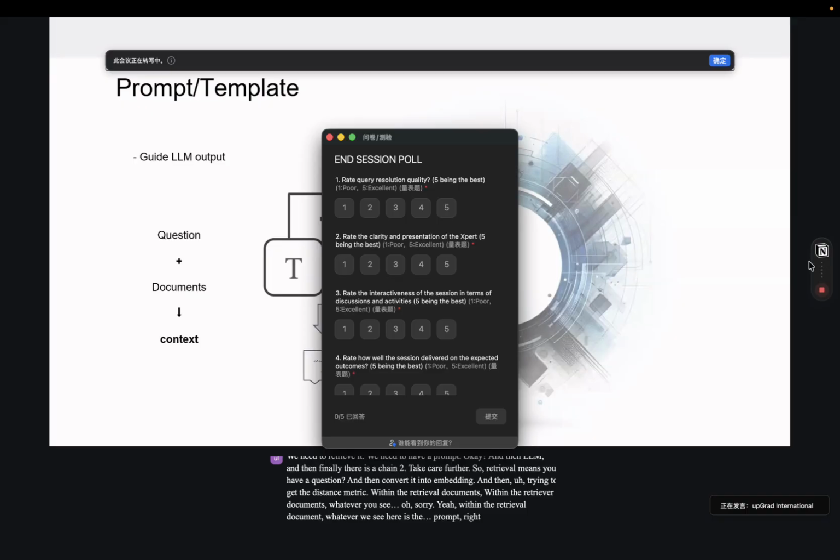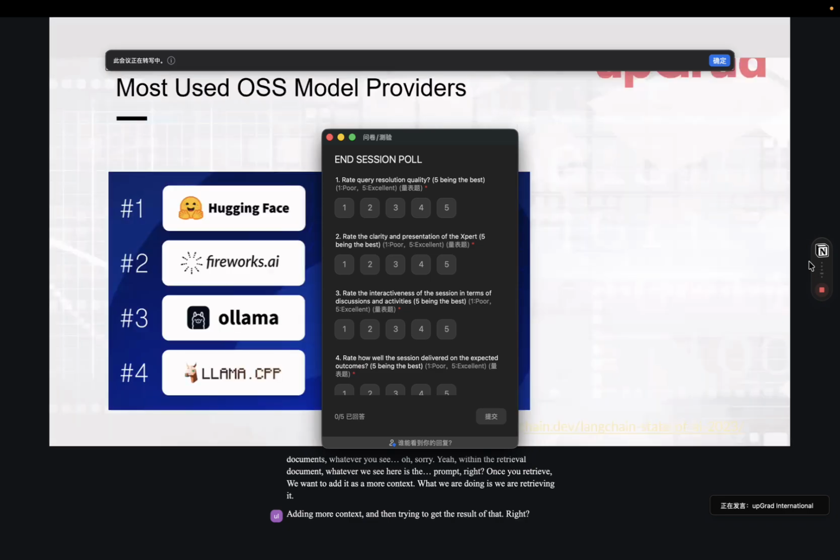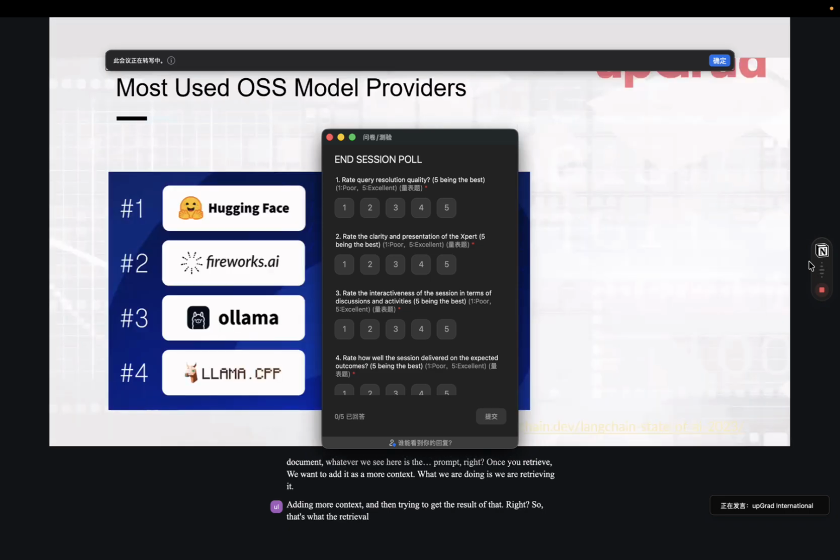Once you retrieve, we want to add it as more context. What we are doing is retrieving, adding more context, and then trying to get the result from that. That's what retrieval augmented generation is. That's what you see here.